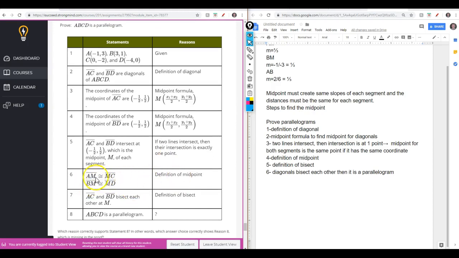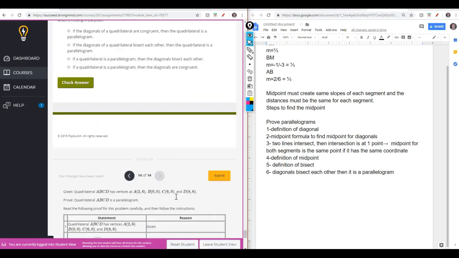Definition of midpoint had the segment AM is congruent to segment MC and segment BM is congruent to segment MD. And then for definition of bisect, it just listed that the segment AC and segment BD bisect each other. So I'm going to look for congruent symbols for definition of midpoint, and I'm going to look for the words bisect each other for definition of bisect.